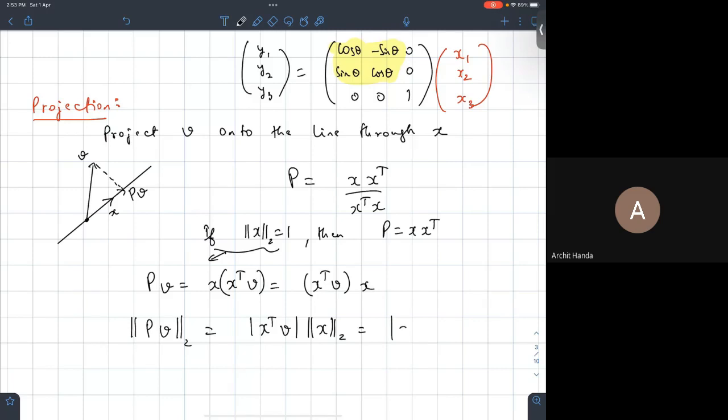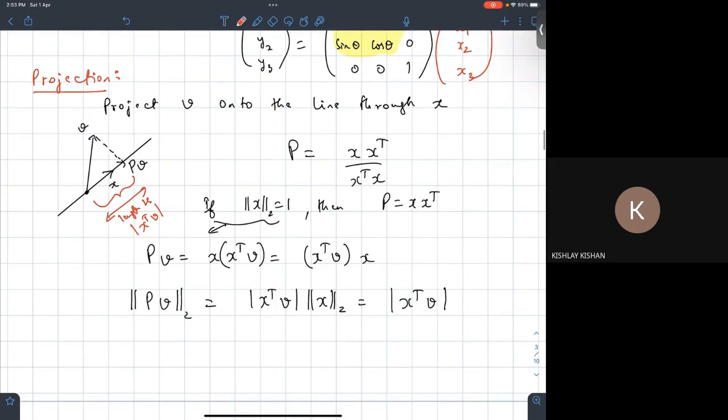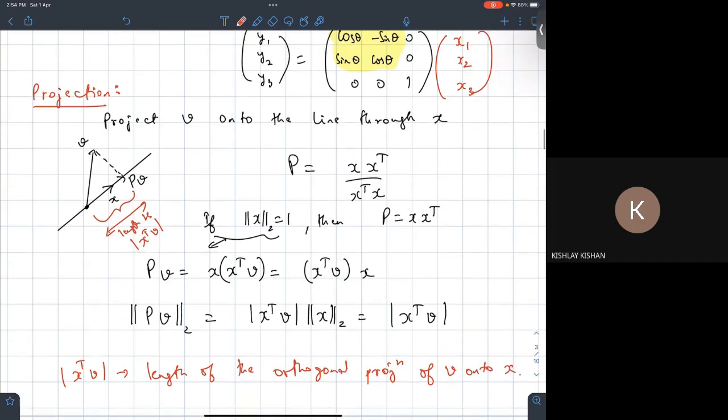So the point I want to make is that when I do the dot product, X transpose V is the length of the orthogonal projection of V onto X. Clear?